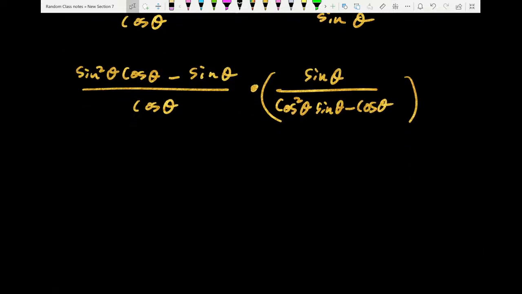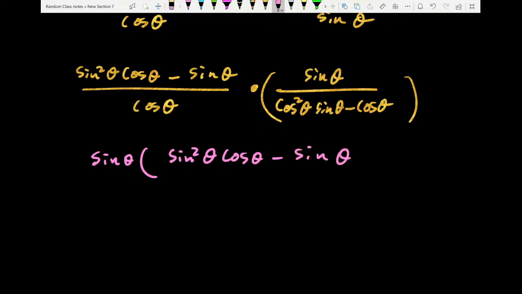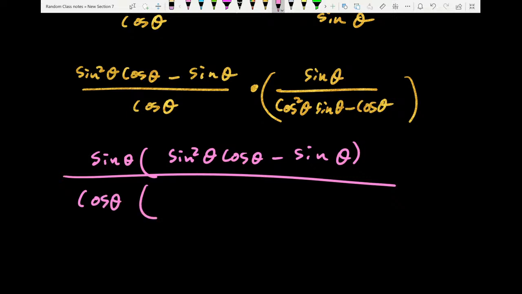So now let's look at it. This becomes what? Let me make my life a little bit easier. Sine of theta, then I get sine square of theta, cosine of theta minus sine of theta. Cosine of theta, I get what? Cosine square of theta, sine of theta minus cosine of theta.